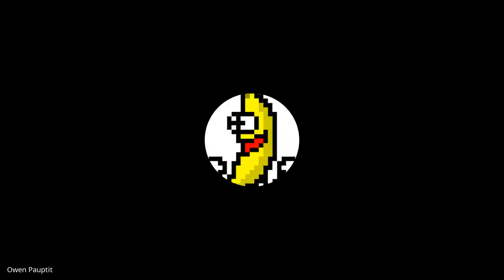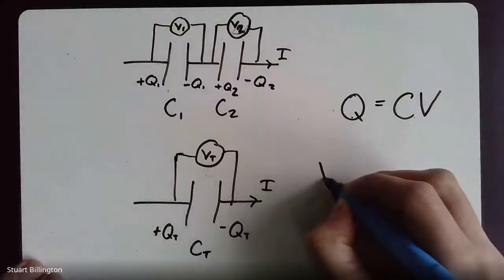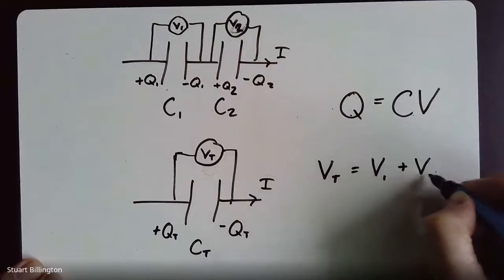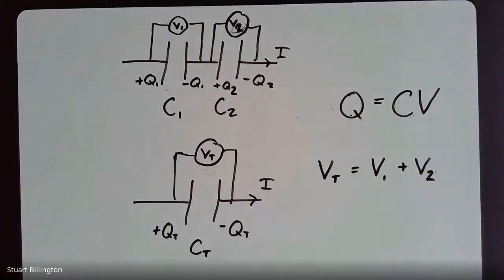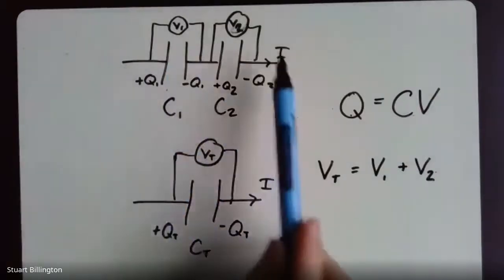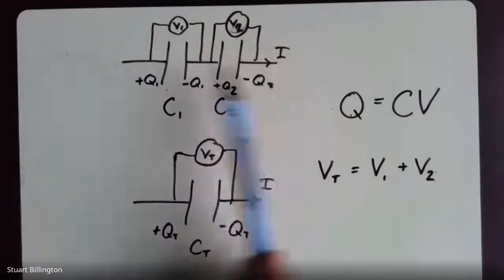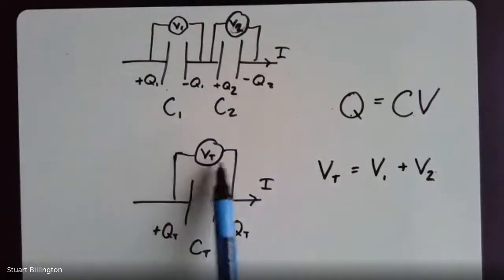Well, VT will be V1 plus V2. Very good. VT equals V1 plus V2. And that's because the rule here is that we are charging the overall capacitor up with the same potential difference that we're charging the combination up with. So this entire combination must be at VT.